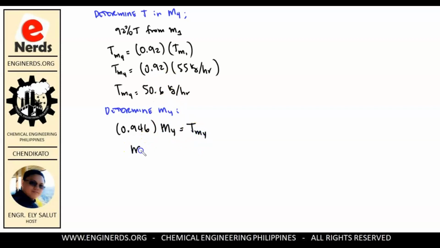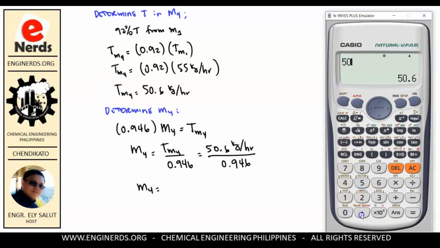Okay, so that means our M4 is equal to our toluene in M4 divided by 0.946. But we know the value of our toluene in M4, which is 50.6 kilogram per hour. So let us divide that by 0.946. So therefore, our M4 is equal to 50.6 divided by 0.946, and this is equal to 53.488.